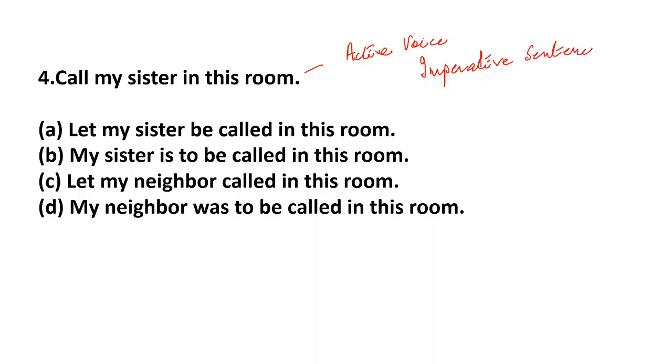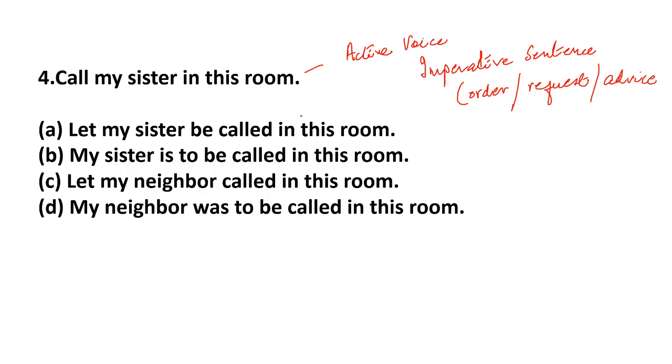Now, imperative sentence, what happens? You can give order, request, advice. So these are the ones. Now, learners, if you follow this session, whatever I'm telling, you will have a very shortcut way of doing the correct way of active and passive.